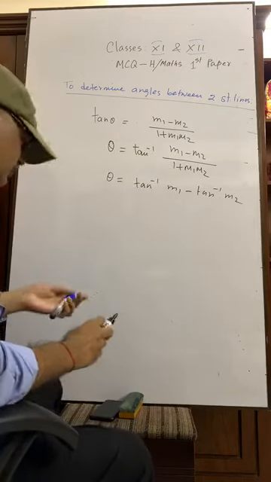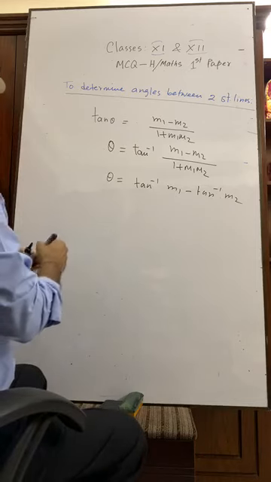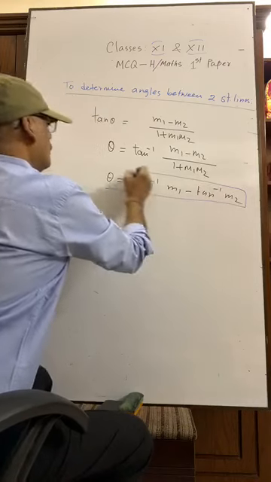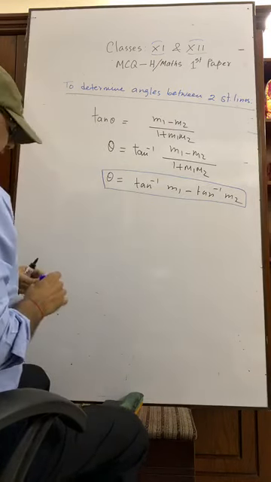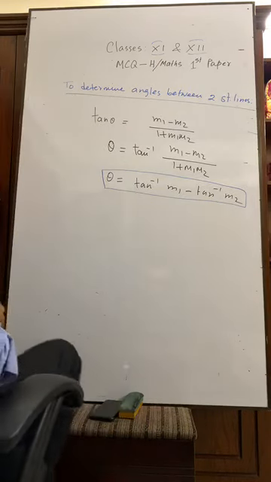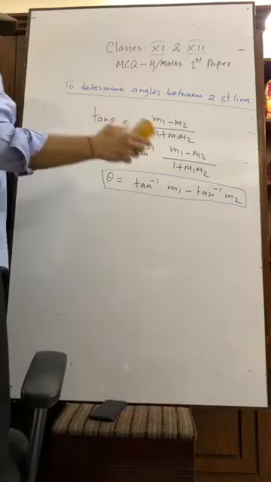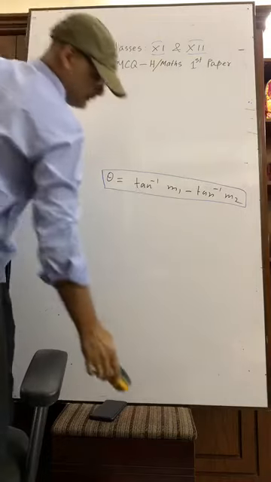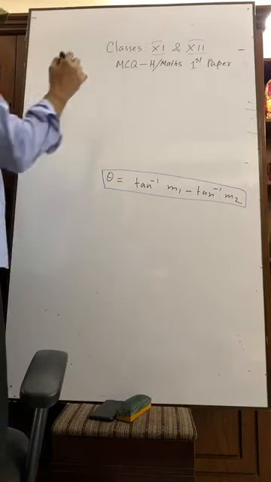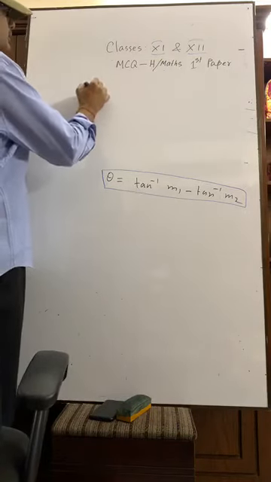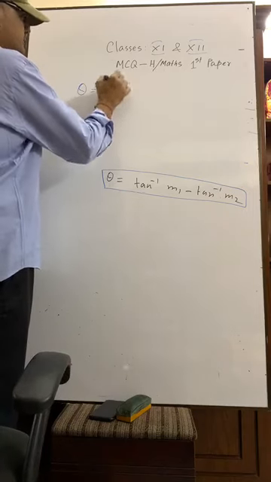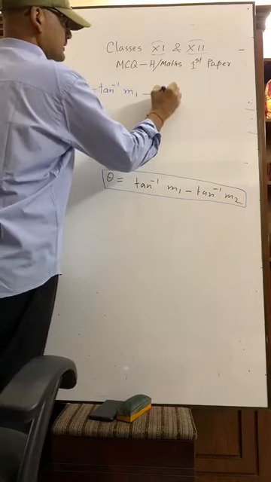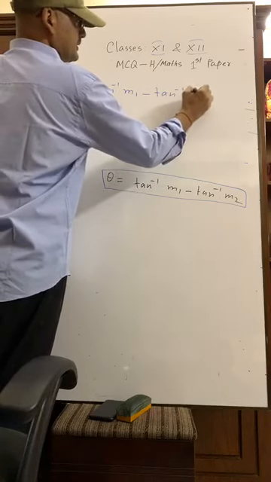So all of you write down the formula: theta equals tan inverse m1 minus tan inverse m2.